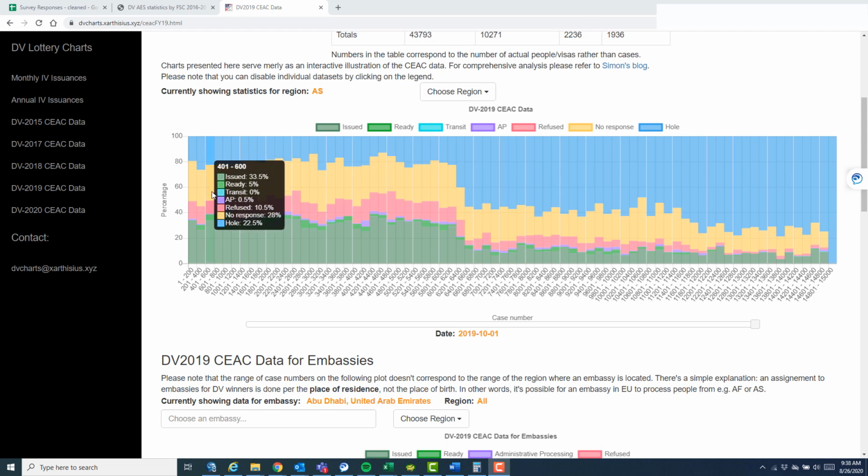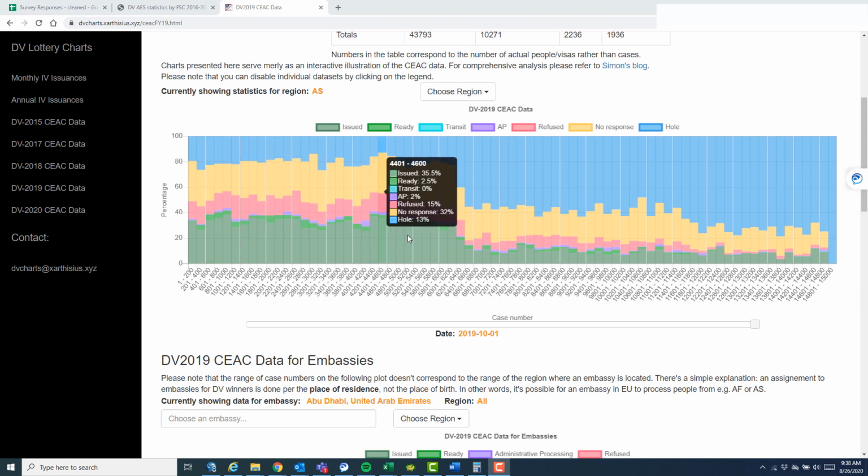But the thing that we need to know at the beginning of the year, like right now about Asia, is the distribution of the holes. We know the holes exist, but seeing the distribution of the holes is kind of important. This particular region has two limited countries, Iran and Nepal.